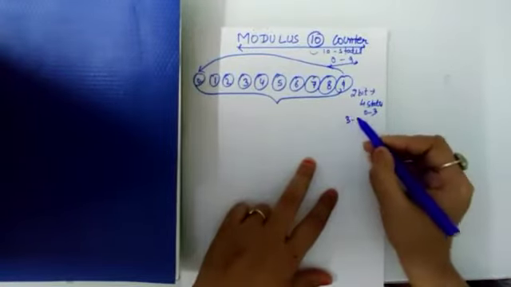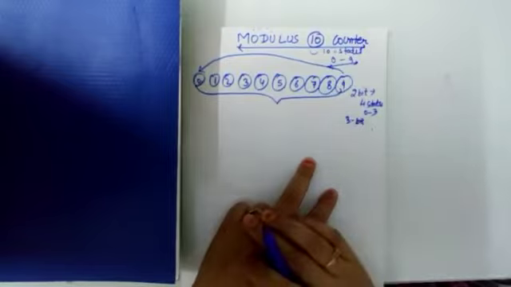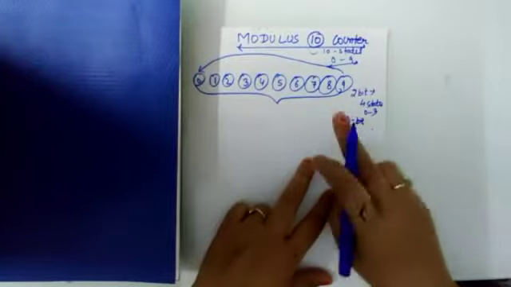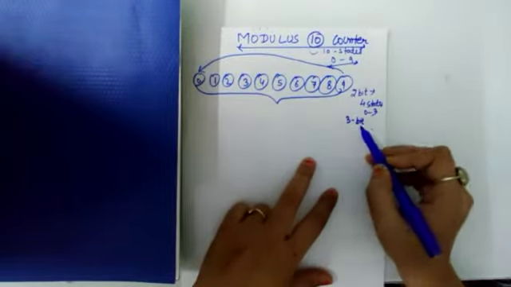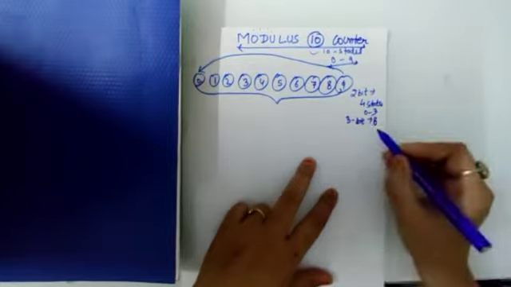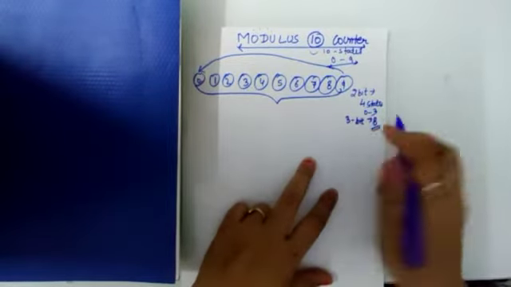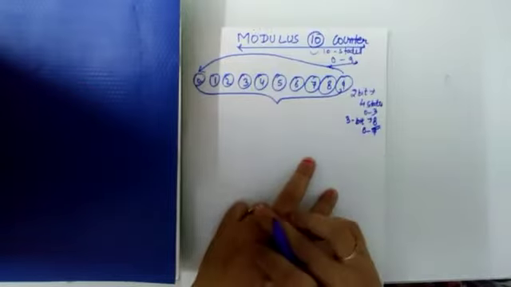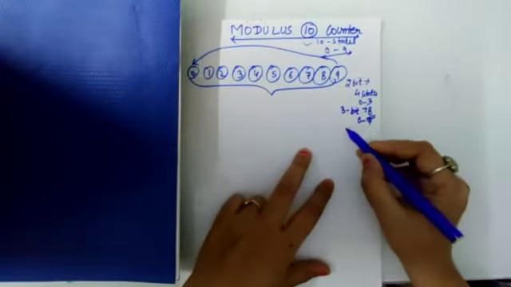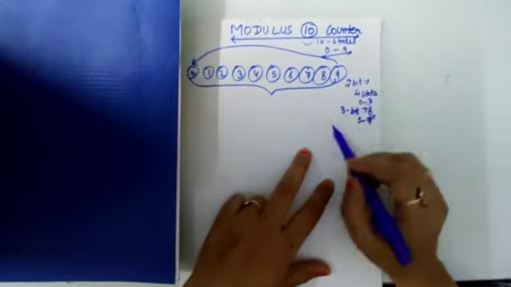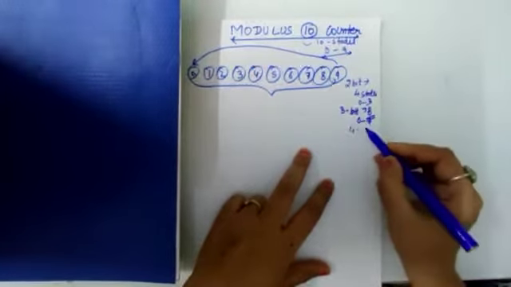If we take a 3-bit counter, we check the minimum number of flip-flops needed to count that number. A 3-bit counter has 8 possible states, counting from 0 to 7, but we need 10 pulses. So 2 is not enough, 3 is not enough. It means we have to take a 4-bit counter.